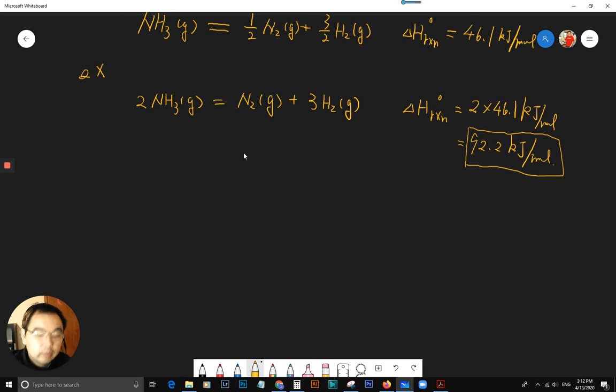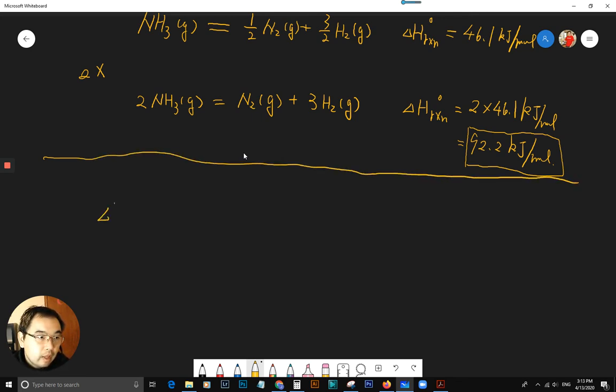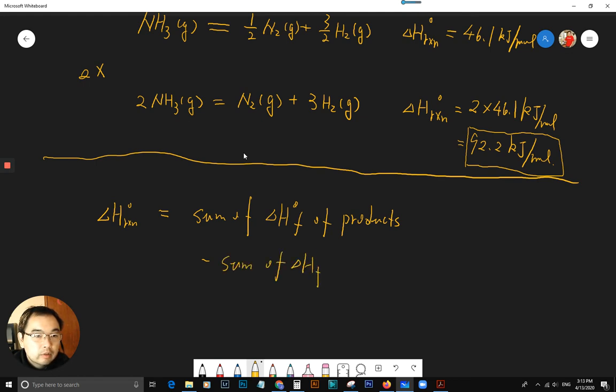Did you remember we talked about how the standard enthalpy of the reaction can be the sum of the enthalpy of formation of the products minus the sum of the enthalpy of formation of the reactants? So we can also solve the problem this way.